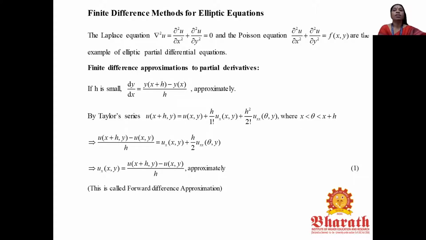So the finite difference approximations to partial derivatives. Here, if h is small, dy by dx is equal to y of x plus h minus y of x by h approximately.